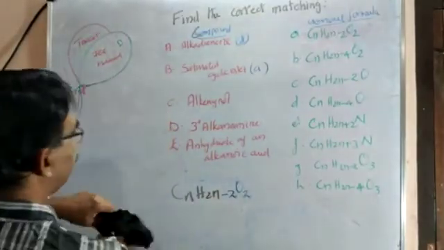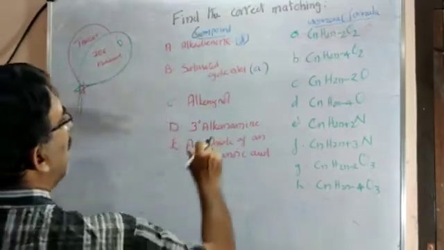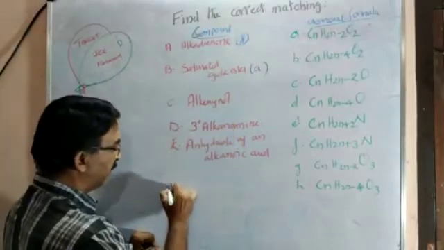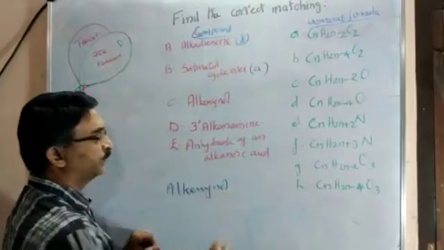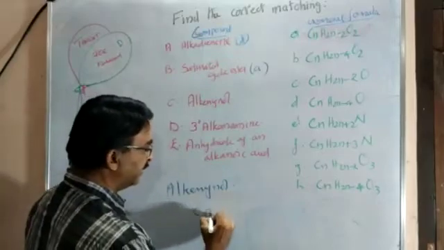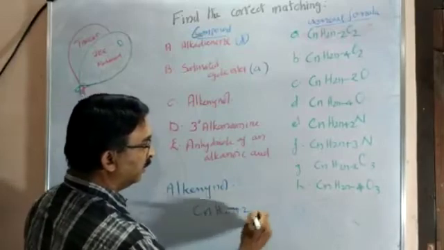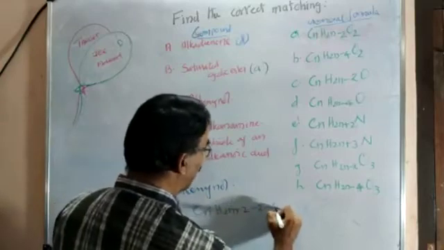Now alkyninol. Write the name alkyninol. You start from alkane CnH2n+2. For alkene, you subtract 2 hydrogens. For alkyne, you subtract another 2 hydrogens.